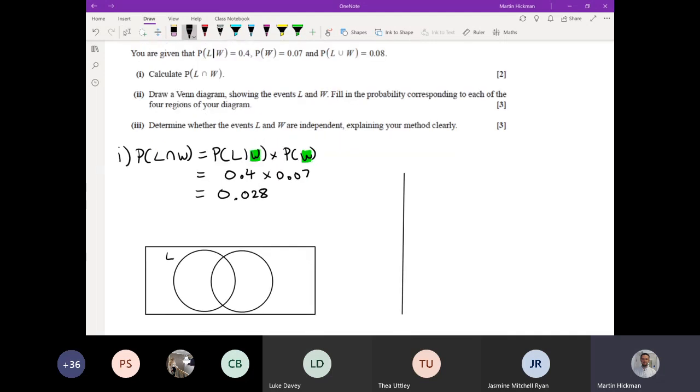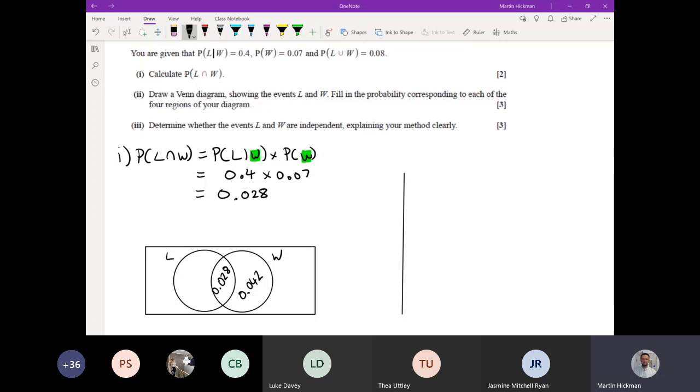Draw my Venn diagram. So L and W, that's going to go in the center there. We know everything in the circle for W has to add up to 0.07. So I need a 0.042 there. And then we need to find out these other numbers. We know that the probability of L or W is 0.08.